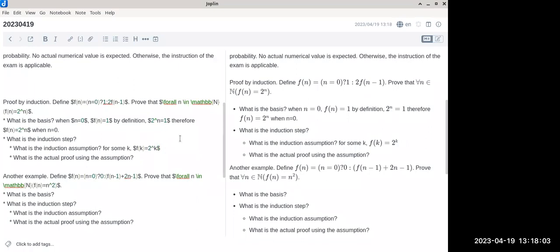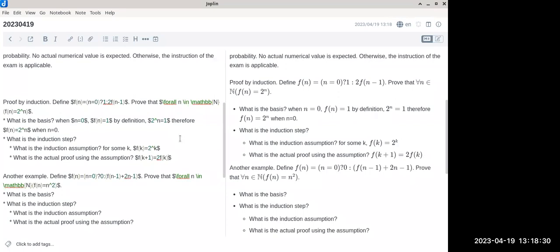We're basically saying we know up to this point the theorem holds, up to the value k. So the actual proof is to ask, what about f of k plus 1? By definition, f of k plus 1 equals 2 times f of k.